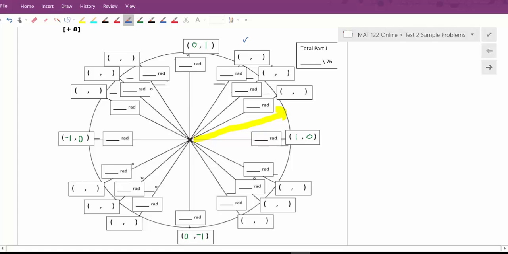Okay, from here to here, the x values are getting bigger. So I'm going to put just a 1, 2, 3. They're getting bigger. Now, the y values are getting bigger this way. So for my y values, I'm going to go 1, 2, 3, like that. So it's real simple to remember how that goes.